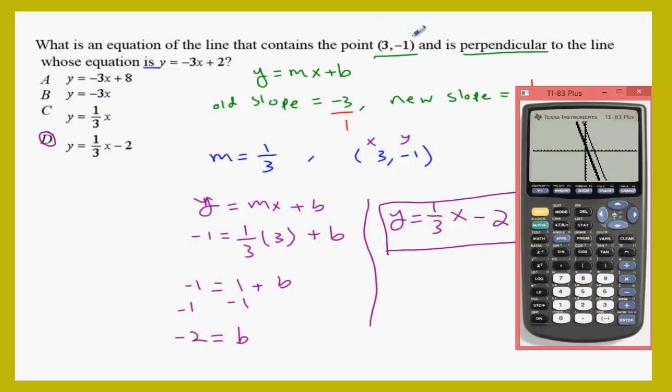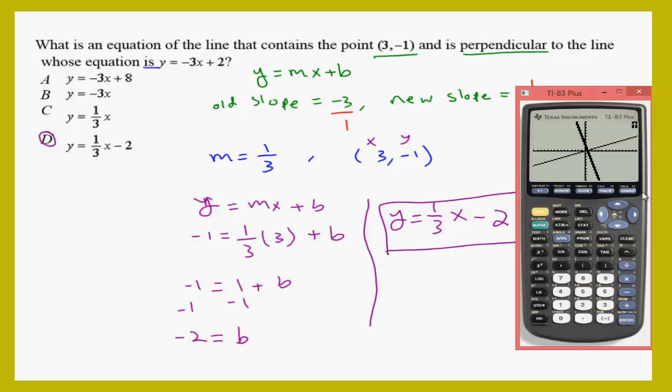You're looking for a perpendicular line. Let's try choice C. I'm going to leave the first one as is. Clear that. That is 1 over 3x, and let's graph this. Is it perpendicular? Yes, it is perpendicular, but is it passing through the point (3, -1)?